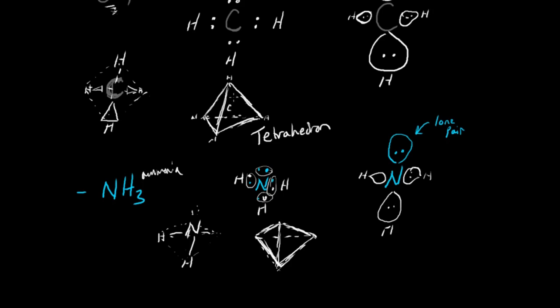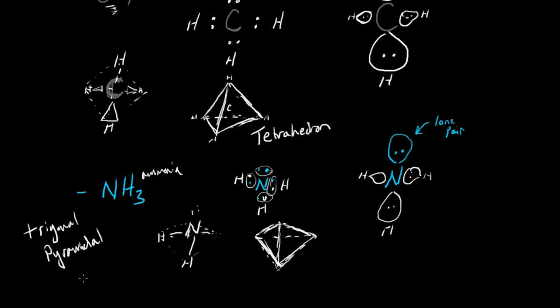This is a full tetrahedron, all 4 sides are equal. This one is just like this one, except it goes to the middle, not all the way to the top. And this is called a trigonal pyramidal. Okay, not triagonal, trigonal pyramid.